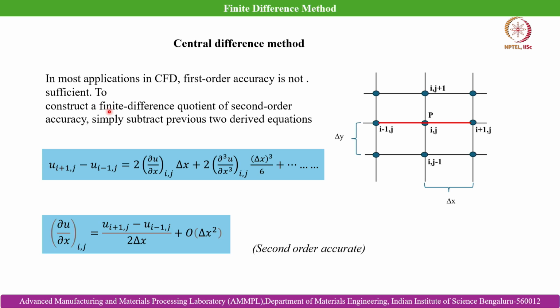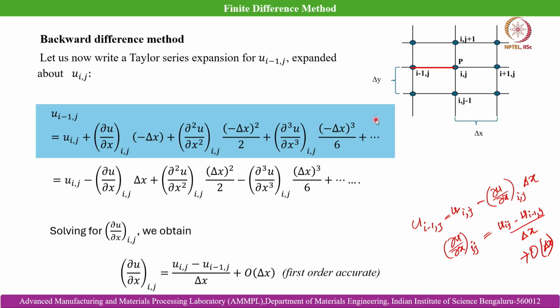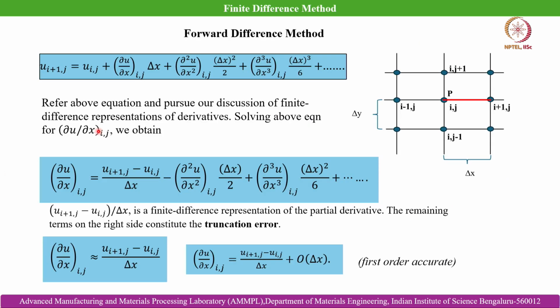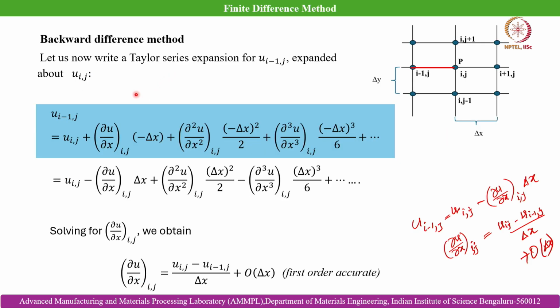Then we can construct a finite difference quotient of second order accuracy by simply subtracting the previous two derived equations. What are the previous two derived equations? Here we can get the value of the first derivative, that is del u del x at i, j, which is second order accurate. As we have already derived, you can see over here the expression for u i plus 1, j, and we also derived the expression for u i minus 1, j, which is here.